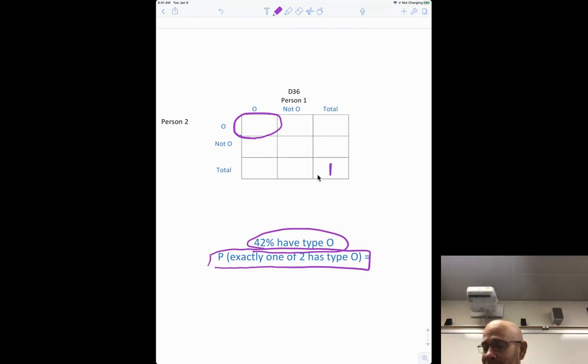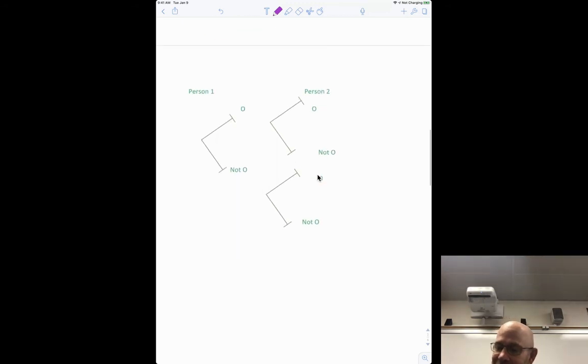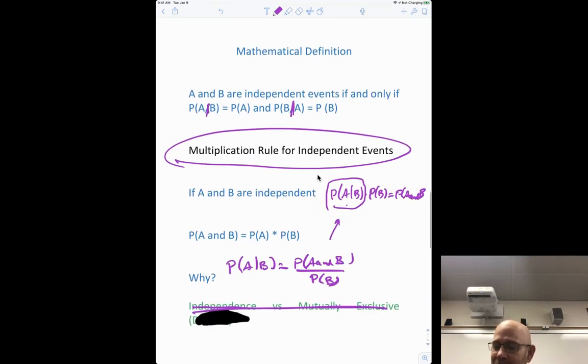You could put 100 here, let's put 100 to make it easier. That probability goes right in this chart: it's the probability of both of them having type O. I can just multiply those two probabilities together, right? 0.42 times 0.42. That's this formula again. If they're independent, I can just multiply them together.